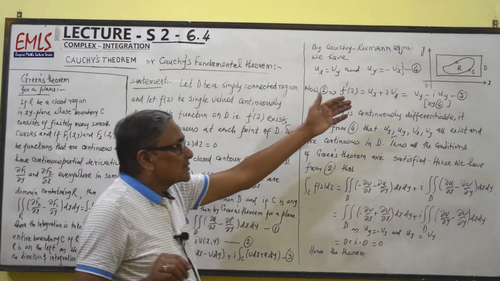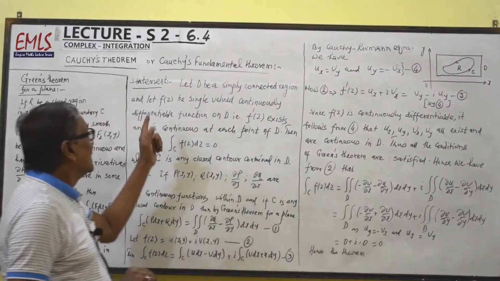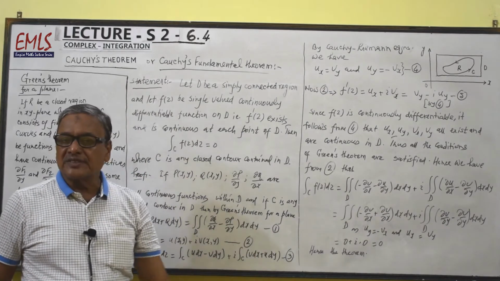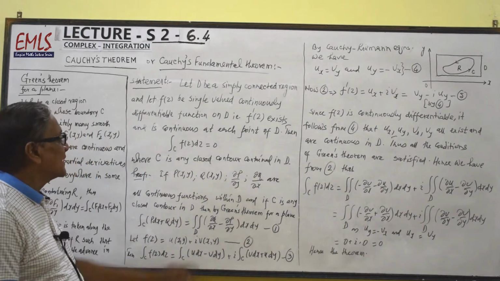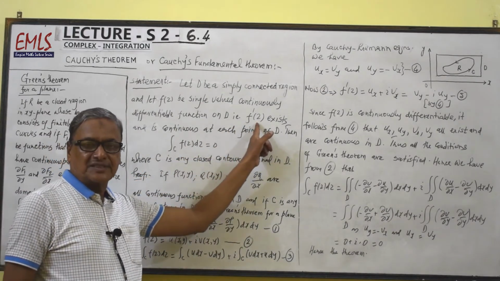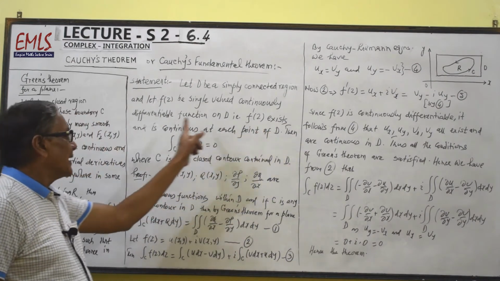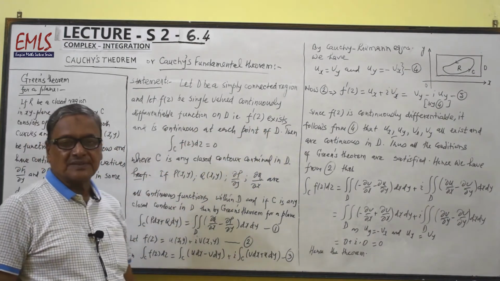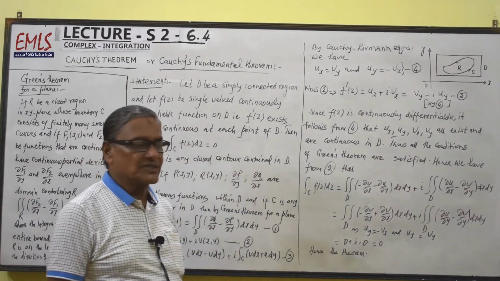So this is the simply connected region D, and f(z) is single valued and continuously differentiable. Continuously differentiable means that f'(z) exists, it is differentiable, and f'(z) is continuous.